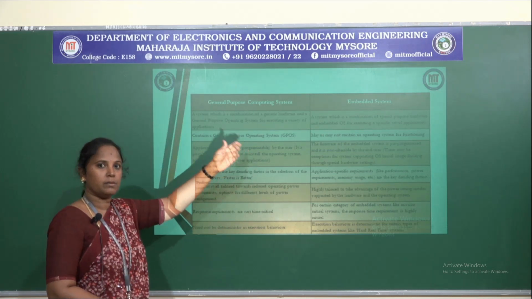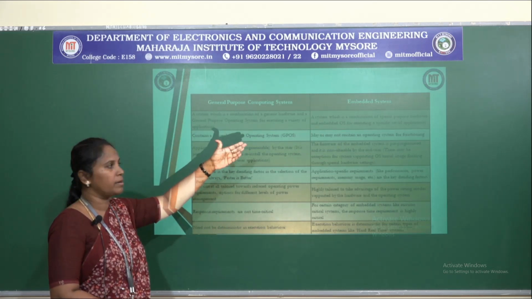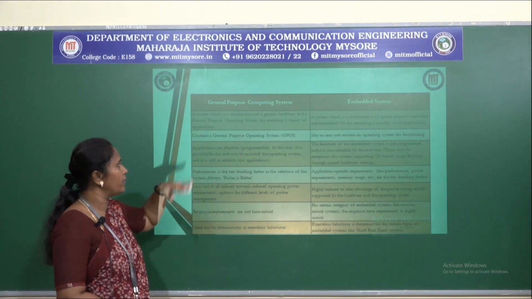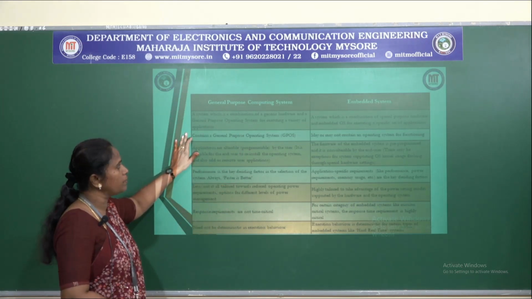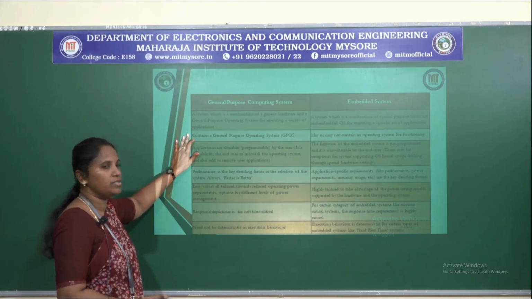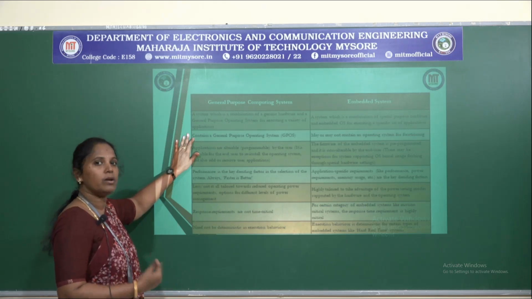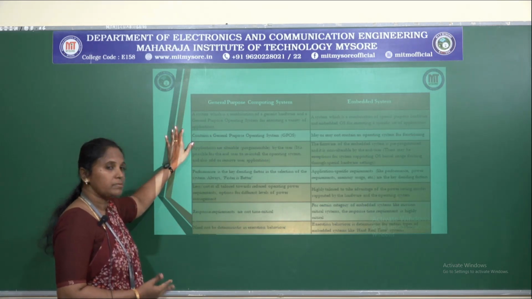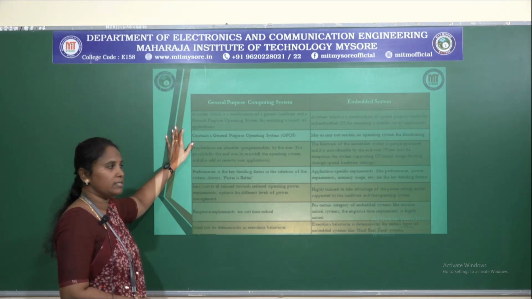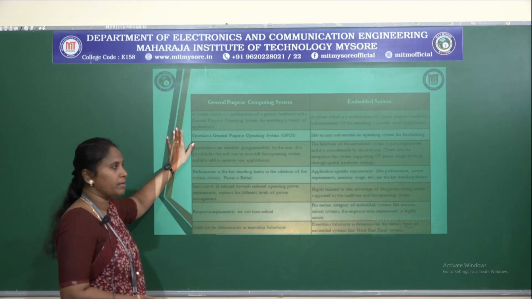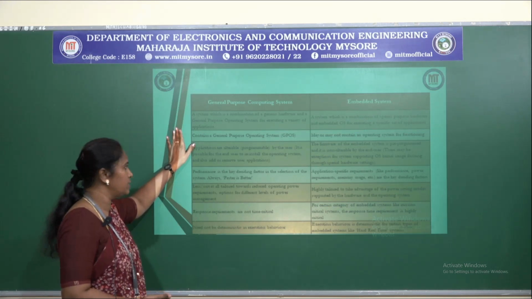In case of embedded system, it might contain an operating system, and it consists of hardware as well as the software. Next, in the case of general purpose computing system, the operating system we use is general, which we can use for multi-purpose applications. But in case of embedded system, as I told, it might contain an operating system or not. That depends upon what type of application we are using. Depending upon that we can implement an operating system in your embedded system.